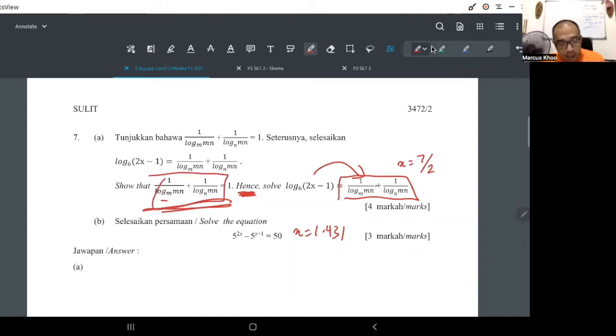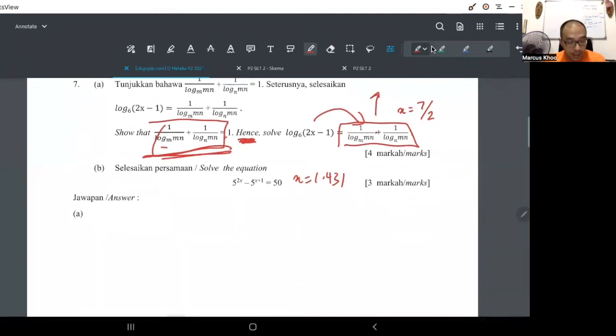So kalau ini adalah sama dengan 1, ini pun adalah sama dengan 1. I can say that log 6 (2x minus 1) equals 1, and I can solve this. I can solve this in many ways. Actually, this will be satu kali pergi bentuk index.